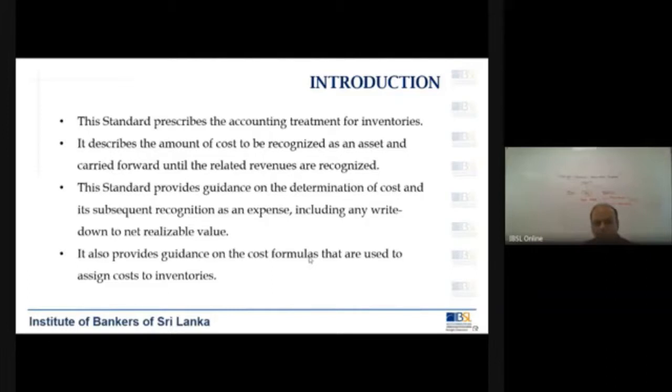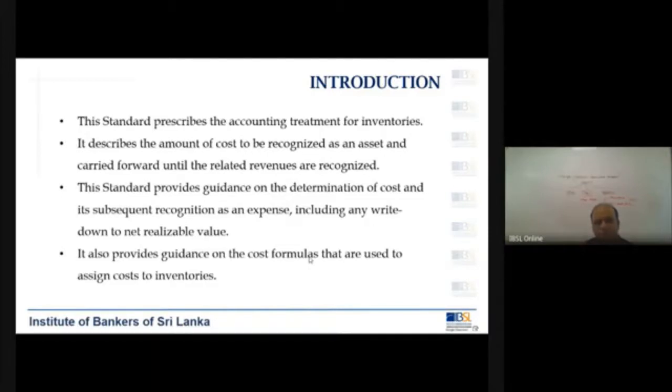So in this particular process, in one part of the middle, you have these stocks, or in other words, we call them inventory. So LKS 2 talks about the accounting treatment for the inventories or the stocks, how you treat it in your books. It describes the amount of cost to be recognized as an asset and carried forward until the related revenues are recognized.